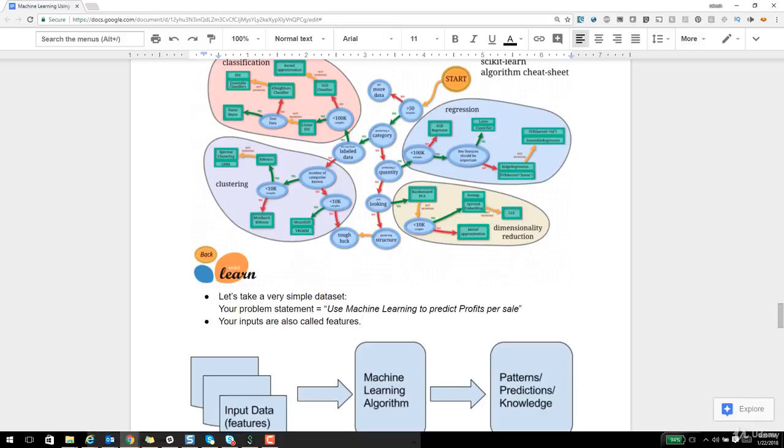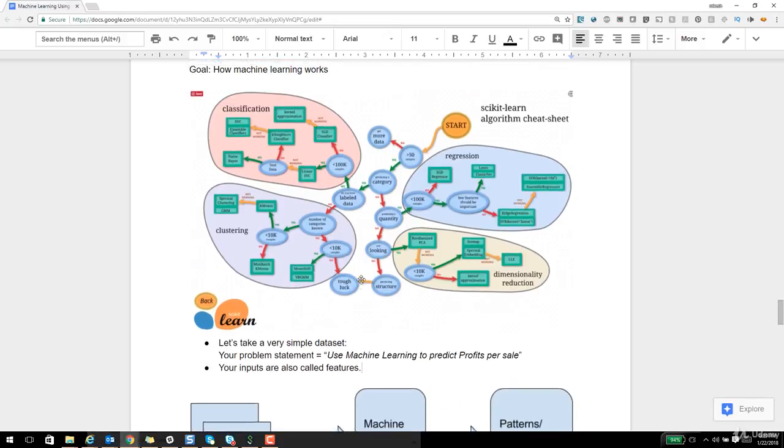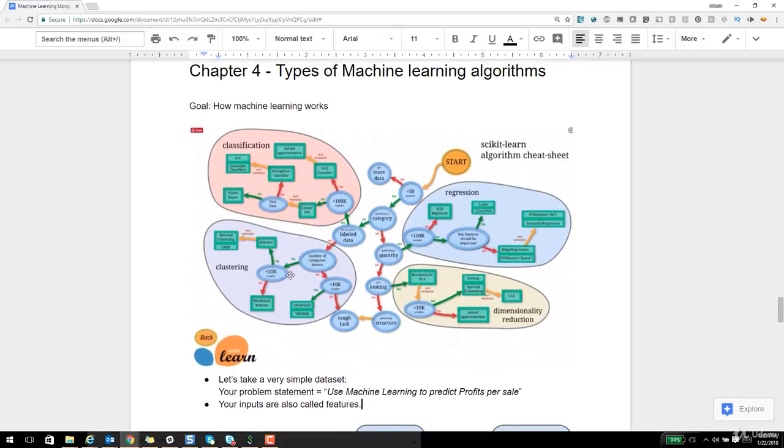All right. So without thinking too much, if we just look at this particular diagram, what we see is four main words that stick out. One is classification, one is regression, the third one is clustering, and finally we have dimensionality reduction. So this is a very high level way in which all the machine learning algorithms are categorized.